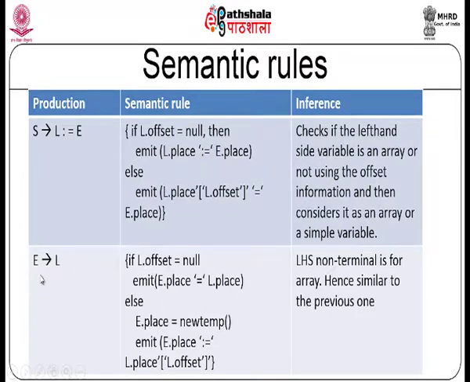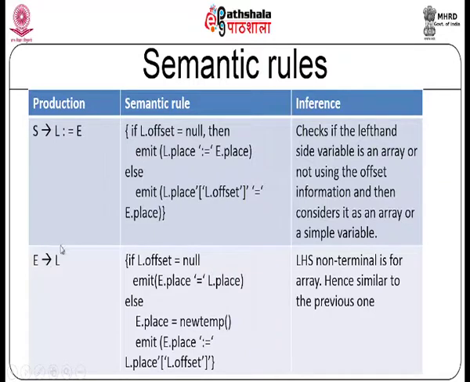The second production is E produces L. Again, whatever we have done for the LHS here, that has to be carried out for the RHS. So, E produces L is here. So, the RHS L is checked for whether its offset is null or not null. If the offset is null, you simply emit E dot place is equal to L dot place.